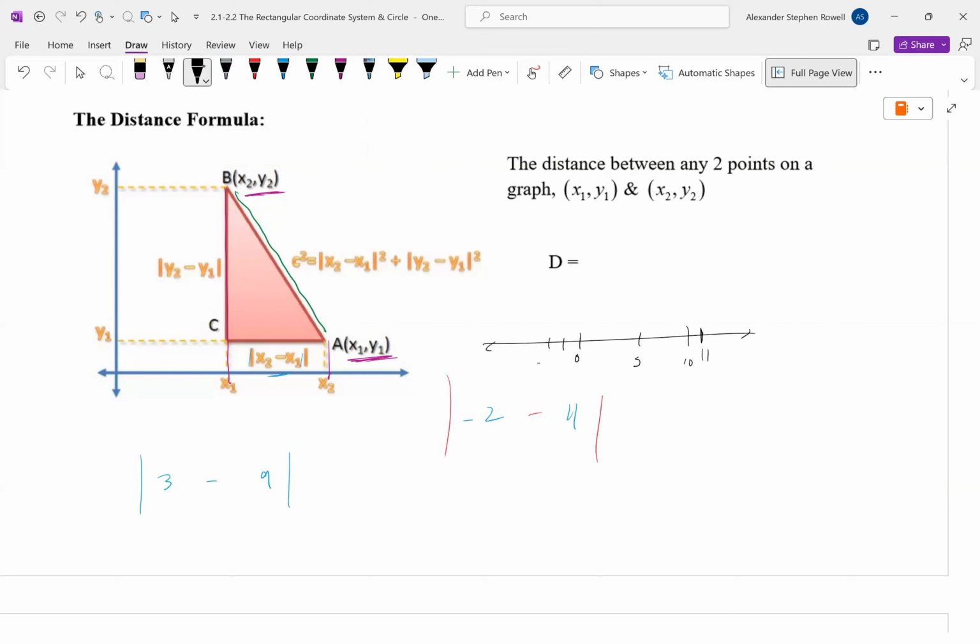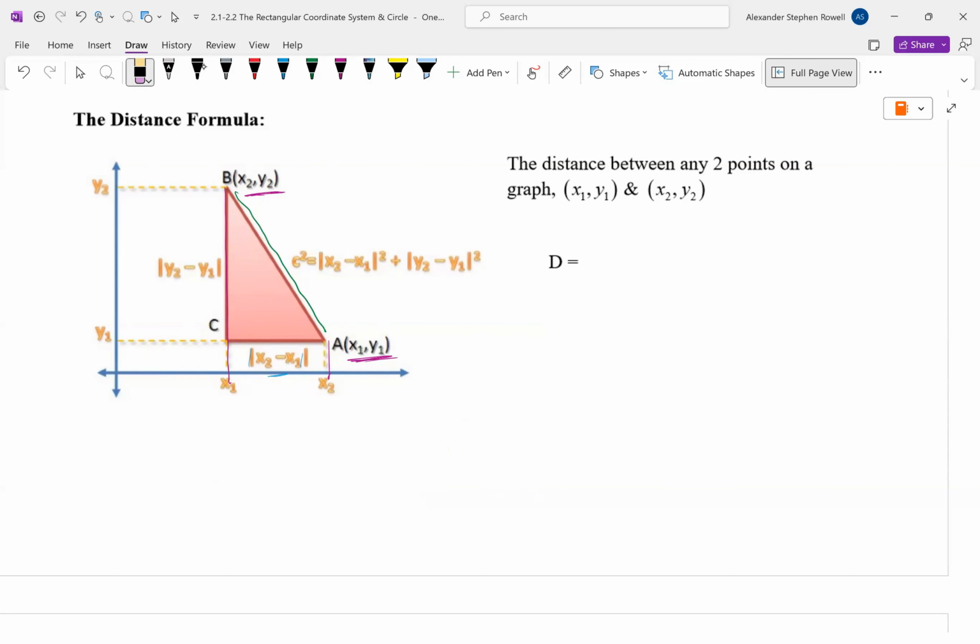Here's -2. The distance between them would be 2 plus 11, which is 13. What's -2 minus 11? -13. Absolute value is 13. This works for any two numbers. You subtract them, take the absolute value, and find the distance between them.